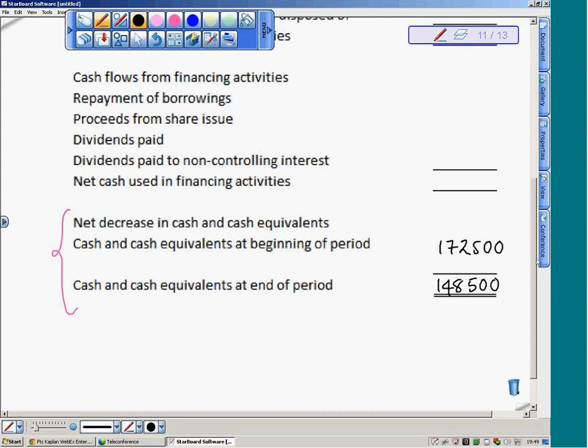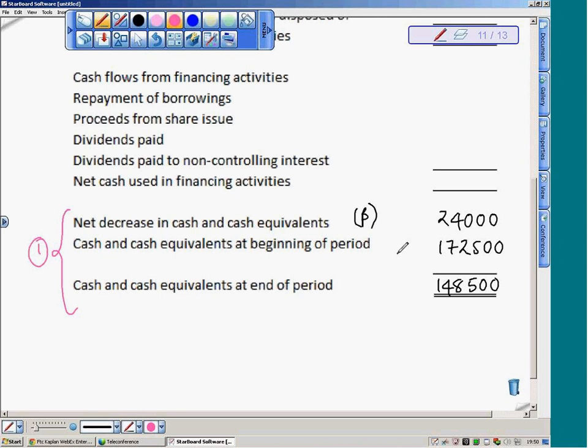That gives you the decrease in cash and cash equivalents, because it's gone down 24,000. Okay, you can in essence take that as just a balancing number. Don't worry in your exam if your numbers don't eventually add down to that figure. It's absolutely fine if it doesn't, but churning out those easy numbers first will get you half a mark, okay? So please make sure you deal with those first.